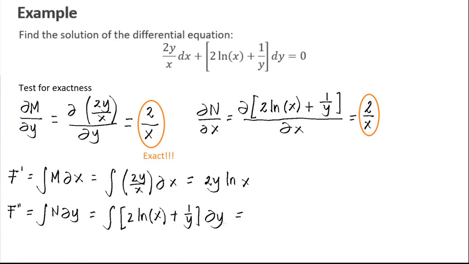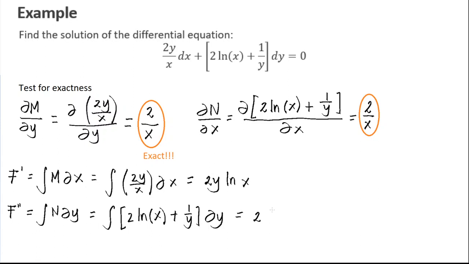Now again, guys, you consider y as the variable and x as a constant. So if this is a constant, what do you do when you integrate this constant with respect to y? Again, you will separate the constant, and then what will be the integral of 1 with respect to y? That is just simply y.